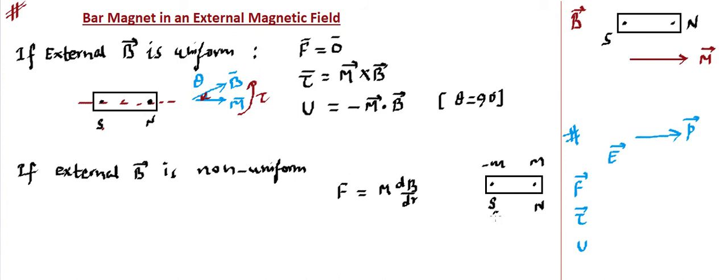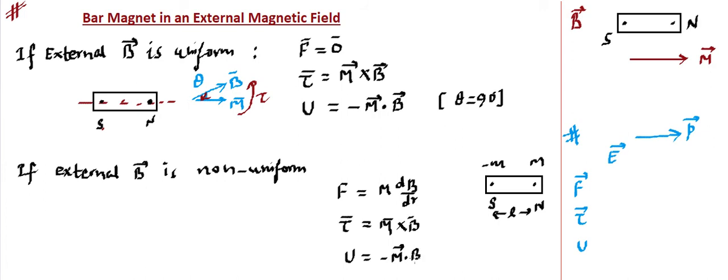However, we consider this length to be very small, so using that small-length condition, we can say the torque is going to be the same, so there will be no change in writing the torque. And similarly, energy will be written in this manner.